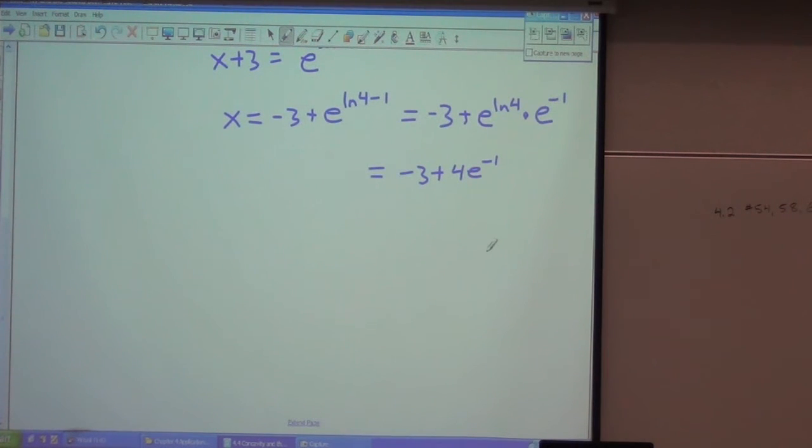So we get -3 plus 4 over e, which they might make -3e plus 4 over e. Put that over 1, multiply top by that. It's just like that.